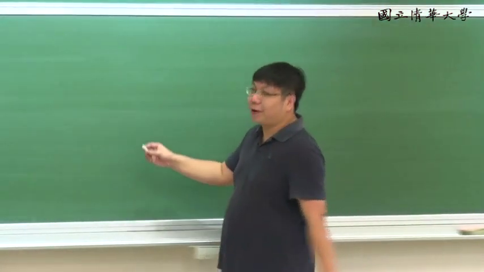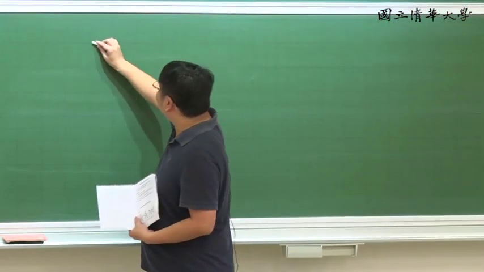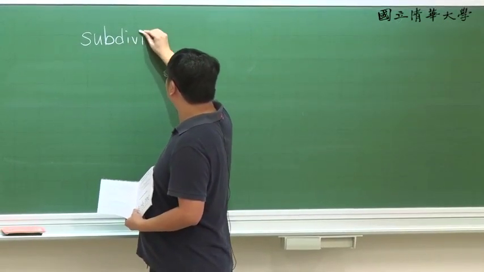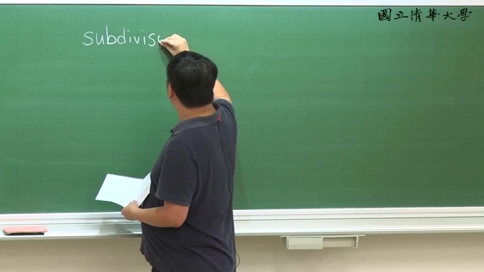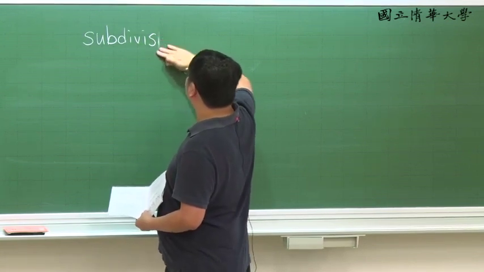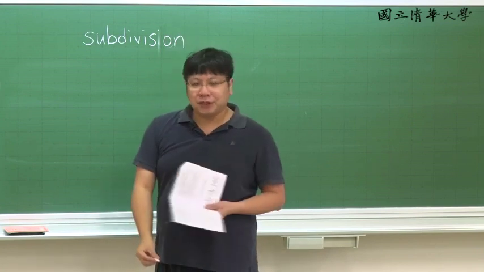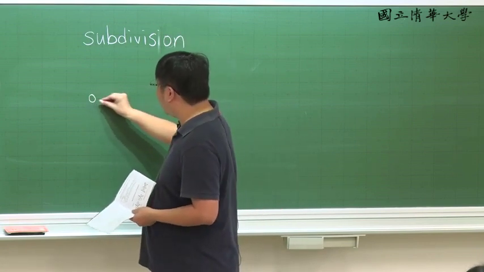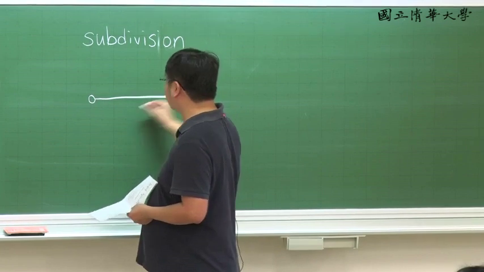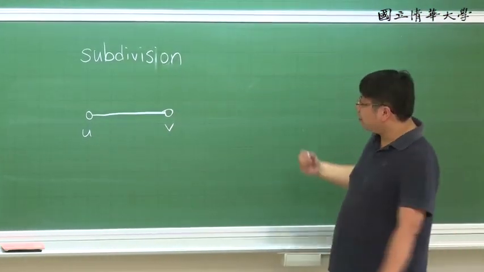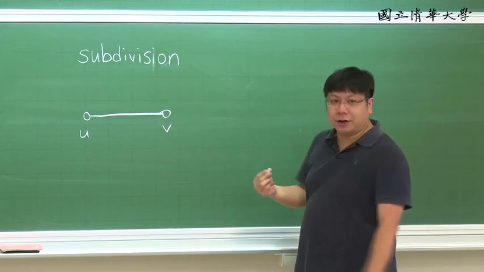So first of all, let me define an operation called subdivision. A subdivision operation is operated on an edge. So there is an edge, let's call it U and V. If we add a vertex inside U and V, then it is called a subdivision.